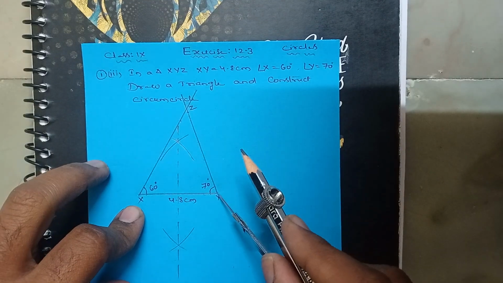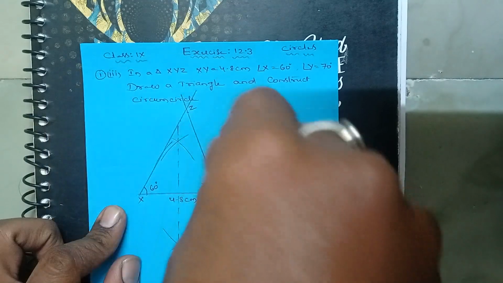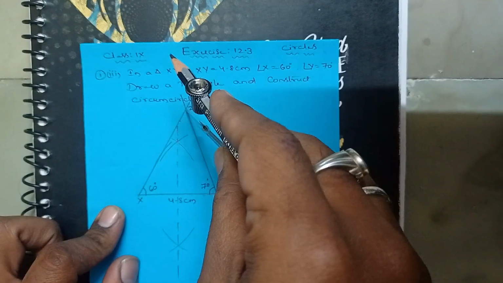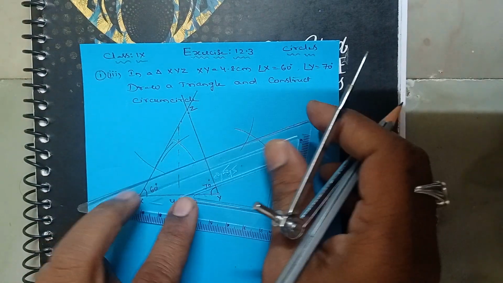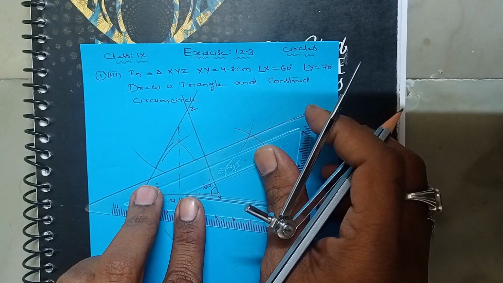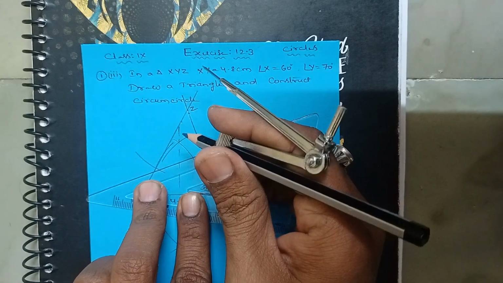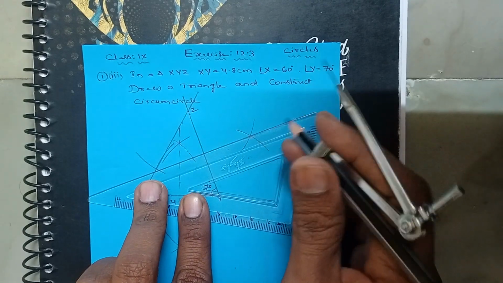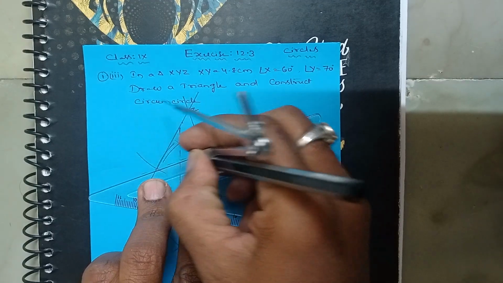Take more than half of this side, and draw an arc here also, with Y as center, then Z as center, cutting an arc. Now join these two points.